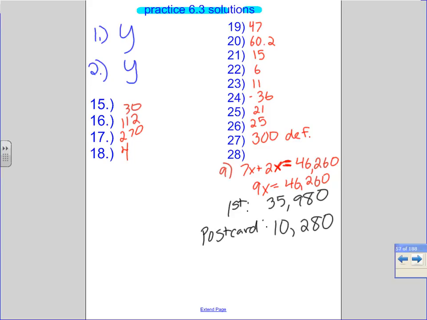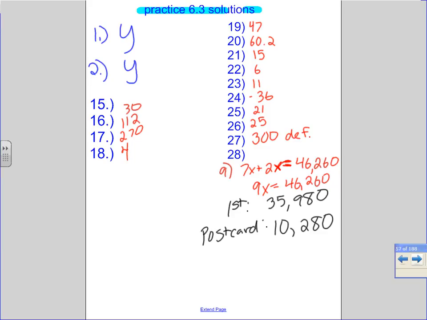Good. If we add these numbers up, we get the total amount of stamps, which is 46,260. Yeah, you could do that too.